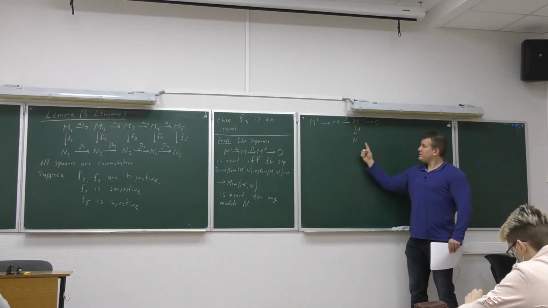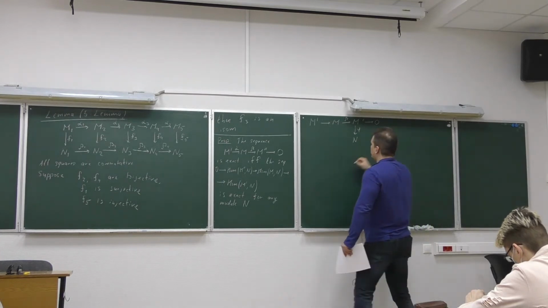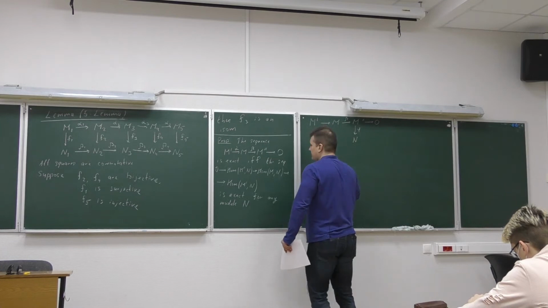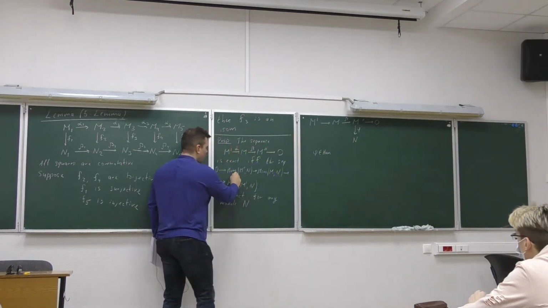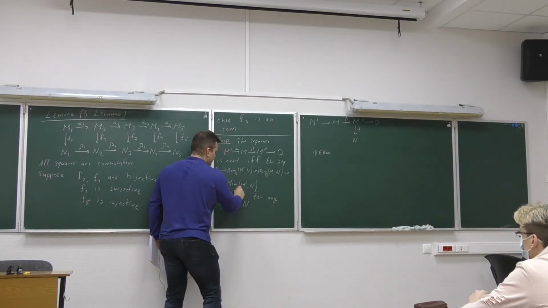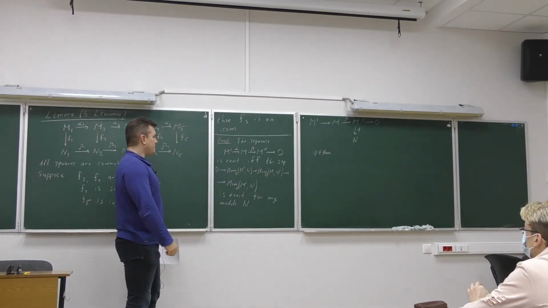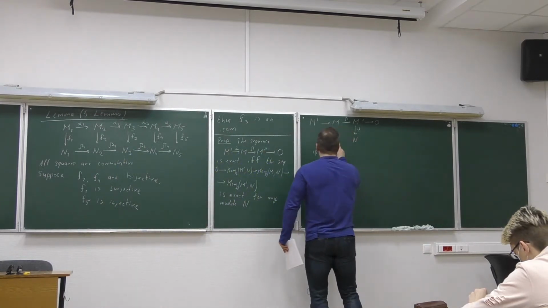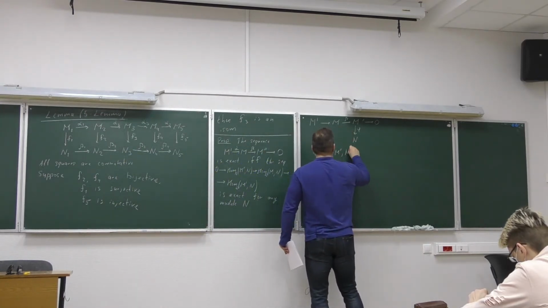If phi lives in the Hom, and sometimes people indicate that they work over a fixed ring R by writing Hom over R, but in our case the ring is understood, so this is essentially the same notation. So phi is in Hom(M double prime, N).